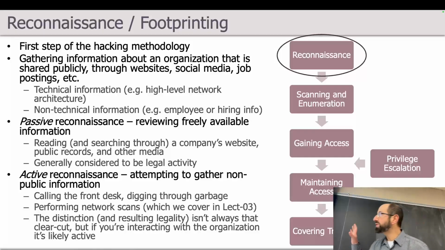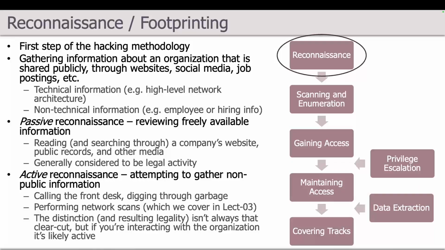We do tend to differentiate between that kind of passive review of publicly available materials and actively attempting to scan the network of an organization, attempting to enumerate the network posture and IT organization. There is a subtle distinction between when something is passive and when it turns into active. There are also potential legal considerations between passive information gathering and more active information gathering.